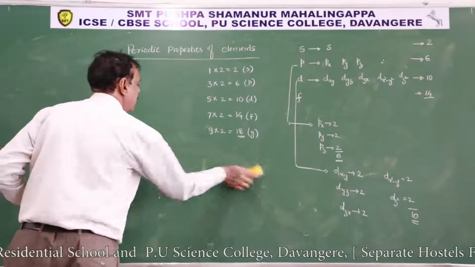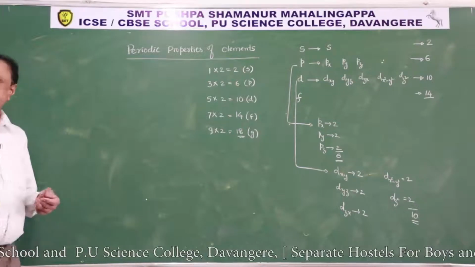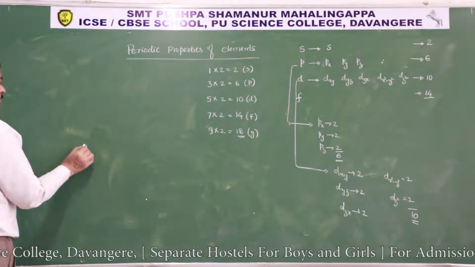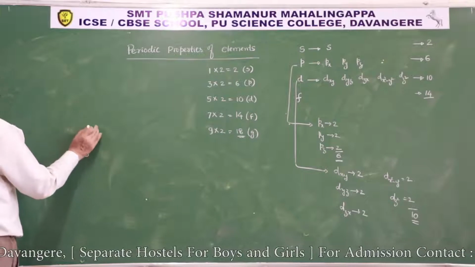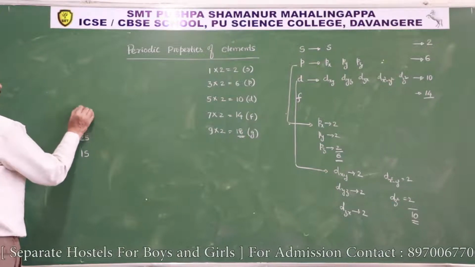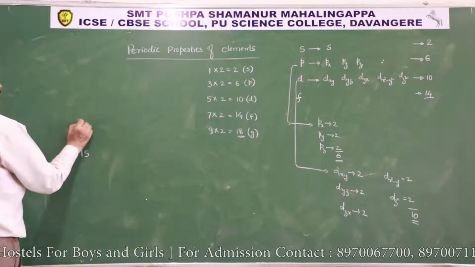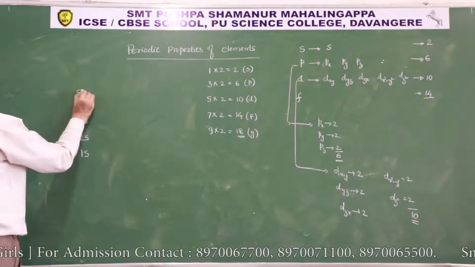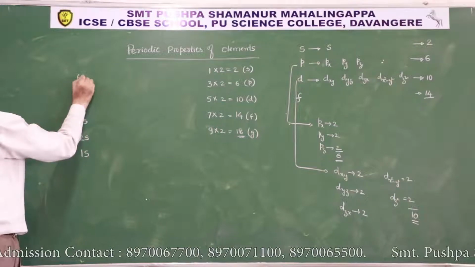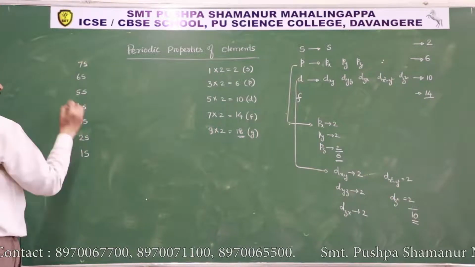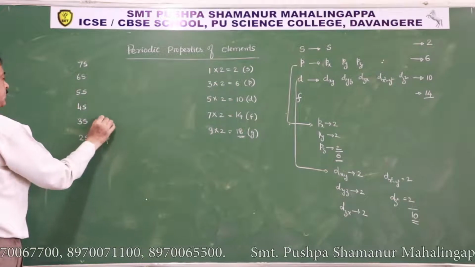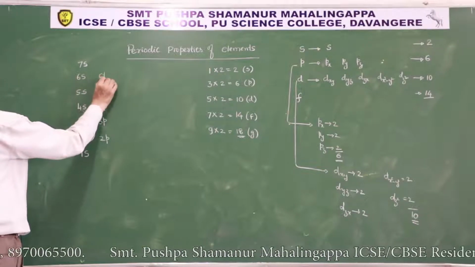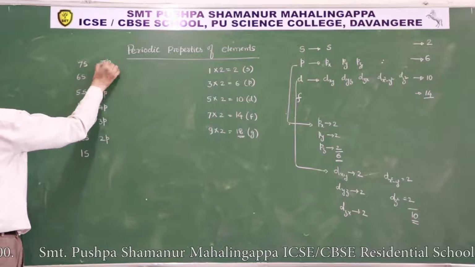Now you should have awareness about the distribution of the electrons, that is 1s, 2s, 2p, 3s and 4s and 5s and 6s and 7s, and 2p, 3p, 4p, 5p, 6p and 7p.